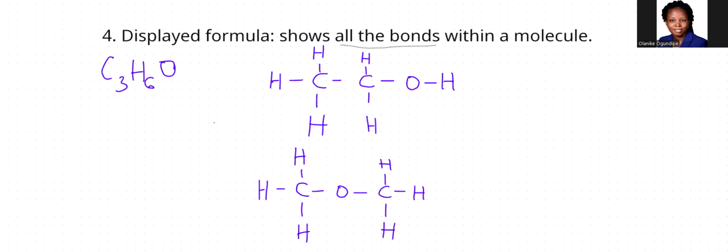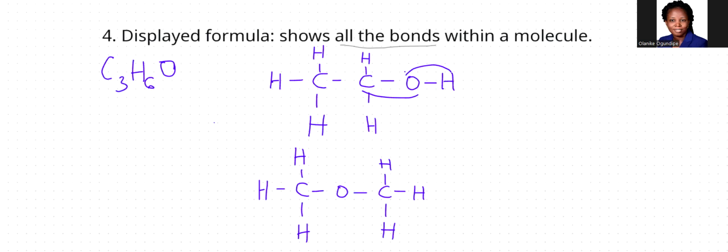Then the next carbon atom has two hydrogens attached with single bonds, and it is also attached to an oxygen atom, which is further bonded with a hydrogen atom. Now, this shows all the bonds within this molecule.